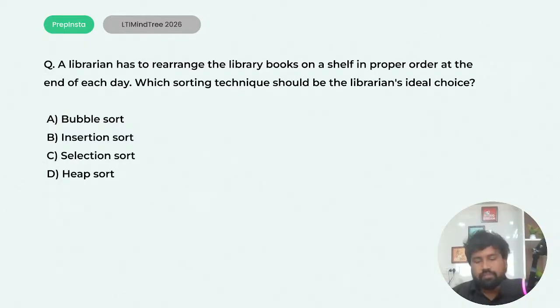Next, go here. There is a librarian, and the librarian has to rearrange the library books on a shelf in proper order at the end of each day. Which sorting technique should be used by the librarian, or what is the ideal choice? Tell me in the chat, guys.